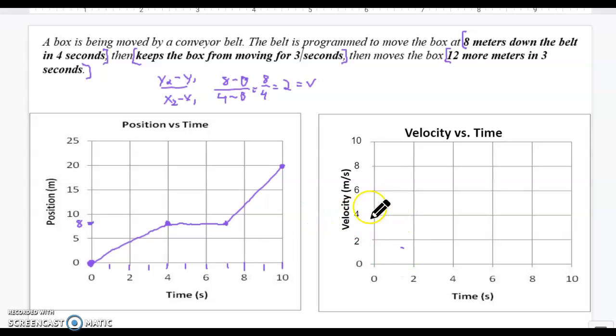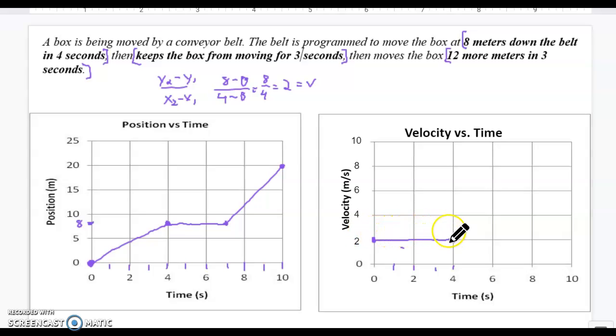But I put that on here over on this side by saying that it starts at 2 for these first 4 seconds. So I go out 1, 2, 3, 4. The velocity is 2. And it's a flat line. And so when you go to the velocity versus time graphs, just keep in mind that you are changing your mindset on what it is that you're recording and how you're recording it.